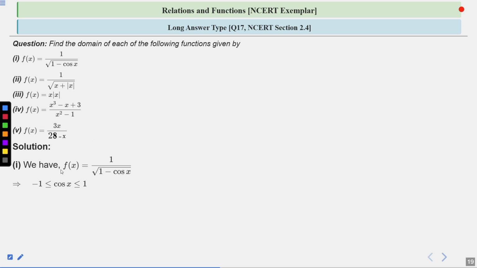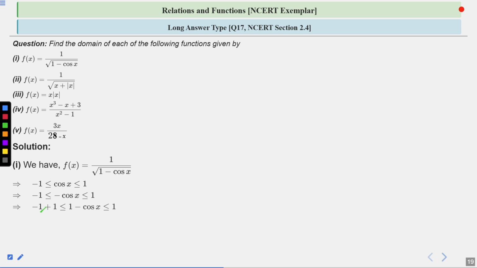We know that cos x is greater than or equal to minus 1 and less than or equal to 1. Clear? This we already know. Now, multiplying every side by minus 1, we get the inequality minus 1 less than or equal to minus cos x less than or equal to 1.